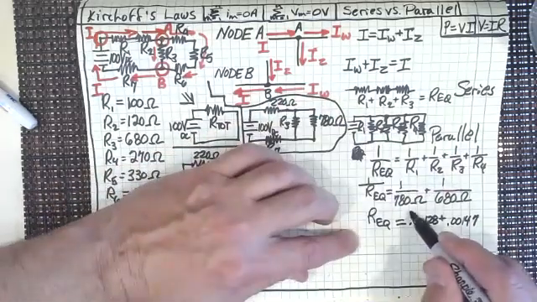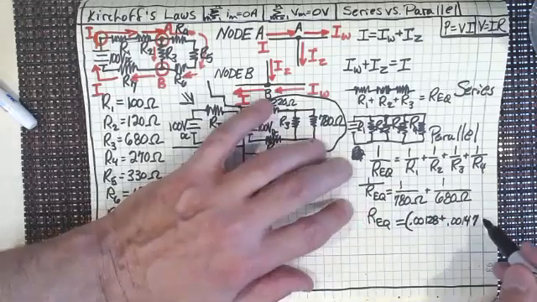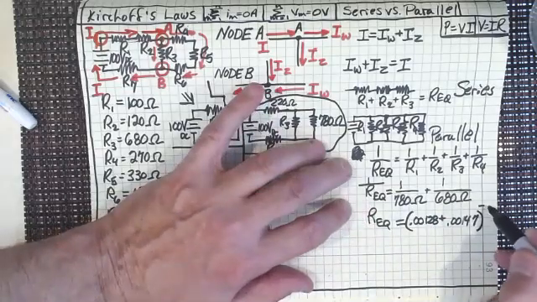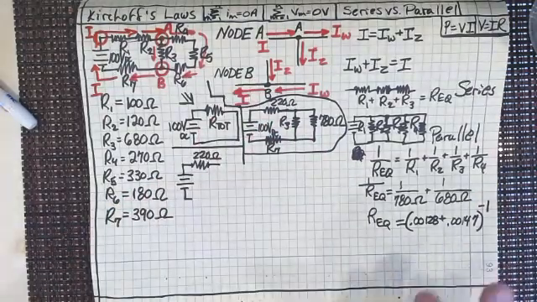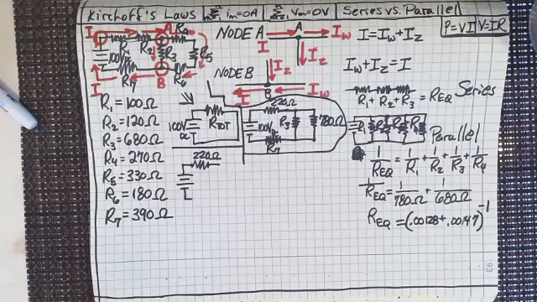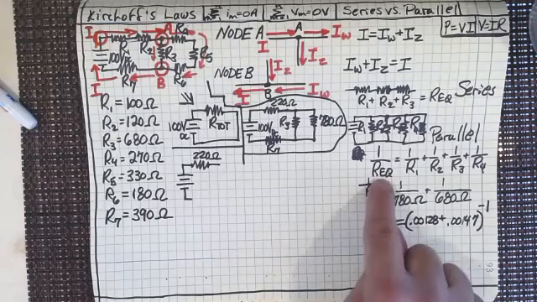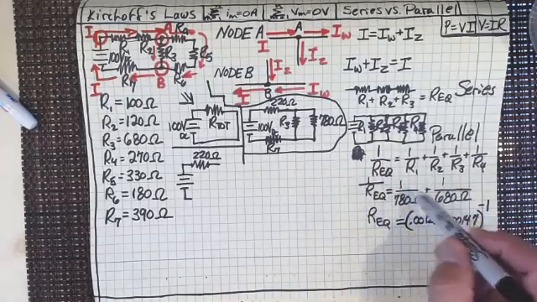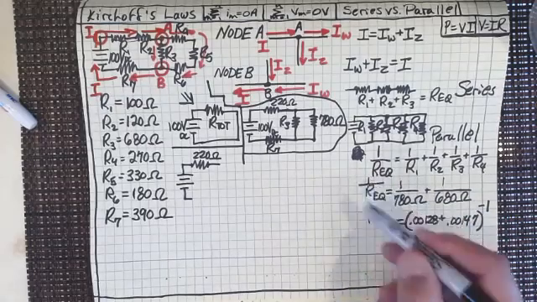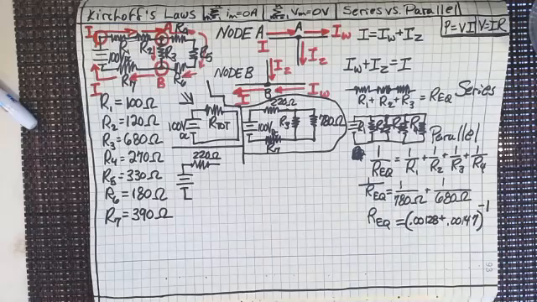So those are the two, 1 over 780 and 1 over 680. But then, of course, I'm taking that to the -1, aren't I? I want to add those two things together and then take the inverse so that I can get R equivalent rather than 1 over R equivalent. If I just added those two things together, that would just give me 1 over R equivalent. So I have to reciprocate it to get the correct thing.